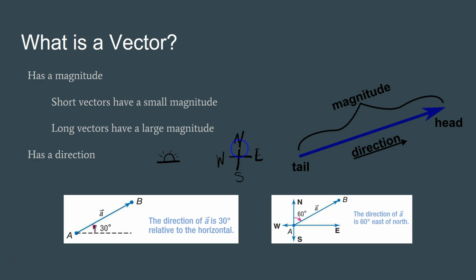The acronym never eat soggy waffles helps you remember the directions for north, east, south, west and where they go. So in this case, we have the direction of vector A 60 degrees east of north. Another way that we can read this is that it is from north 60 degrees east.